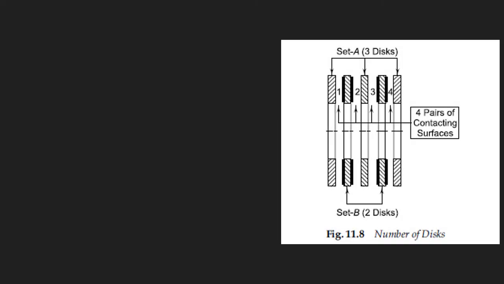All right. Now, how do we find out the number of pairs of contacting surfaces? If you look at this figure, you have two sets of discs. You have three discs belonging to set A, and two discs belonging to set B. Therefore, you will have four pairs of contacting surfaces between the 5 discs being used.